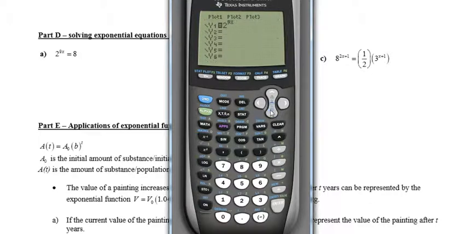And y2 is equal to 8. And I'm going to adjust my window here. 0 to 10, probably okay. I don't think it has to be quite that high. This doesn't have to be 150, right? So I'll go to 10 by 1s, and we'll hit graph.